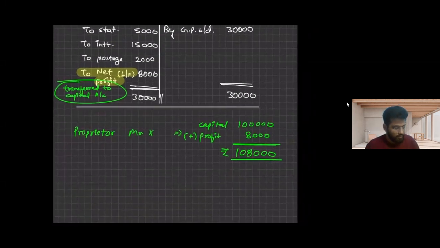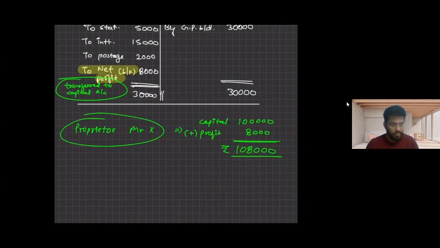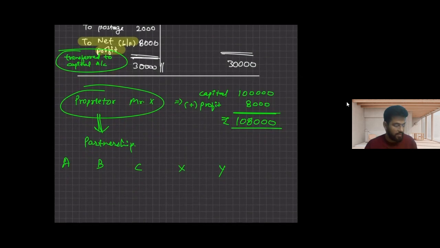But what if it is not a proprietorship firm? Instead of proprietorship, there is a partnership firm, and there are 5 partners: A, B, C, X, Y. Each has a separate capital.